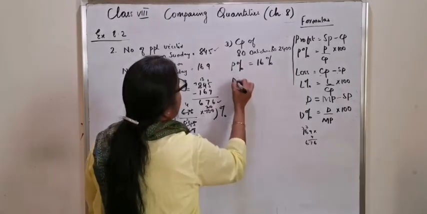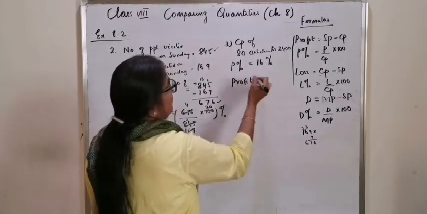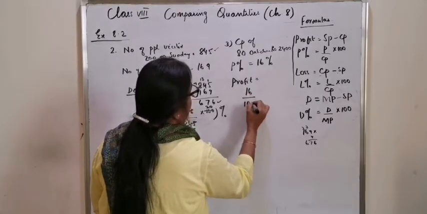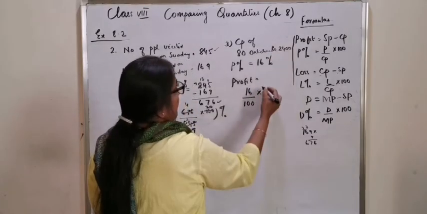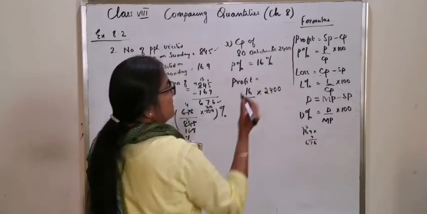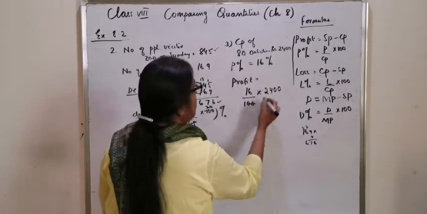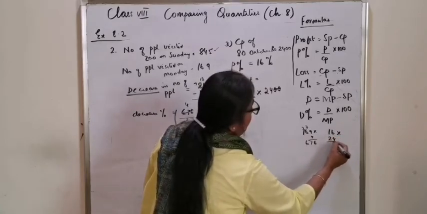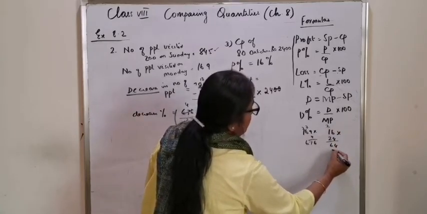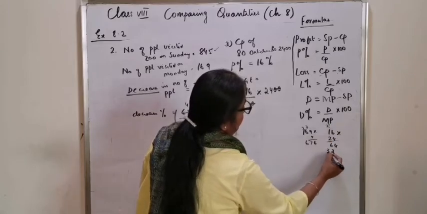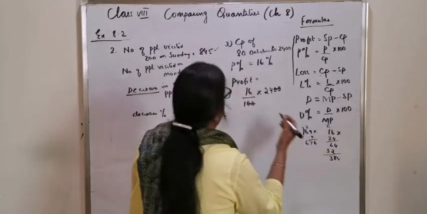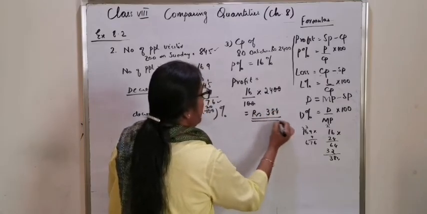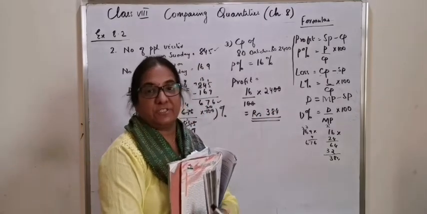That means what is the profit amount he must have got? It is 16 by 100 of the amount spent, which was 2400. That means 16 into 24, that is rupees 384 he got as a profit.